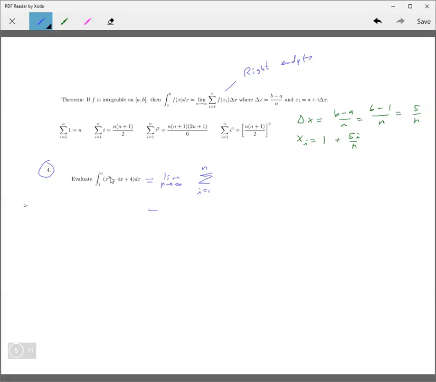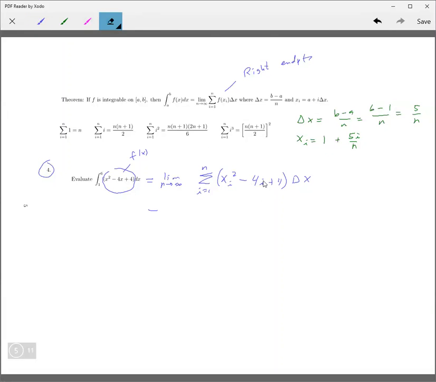We know what f of x is. Okay, this is f of x, right? So right here, I'm going to replace all these x's with xi's. And then I'll put a delta x here.